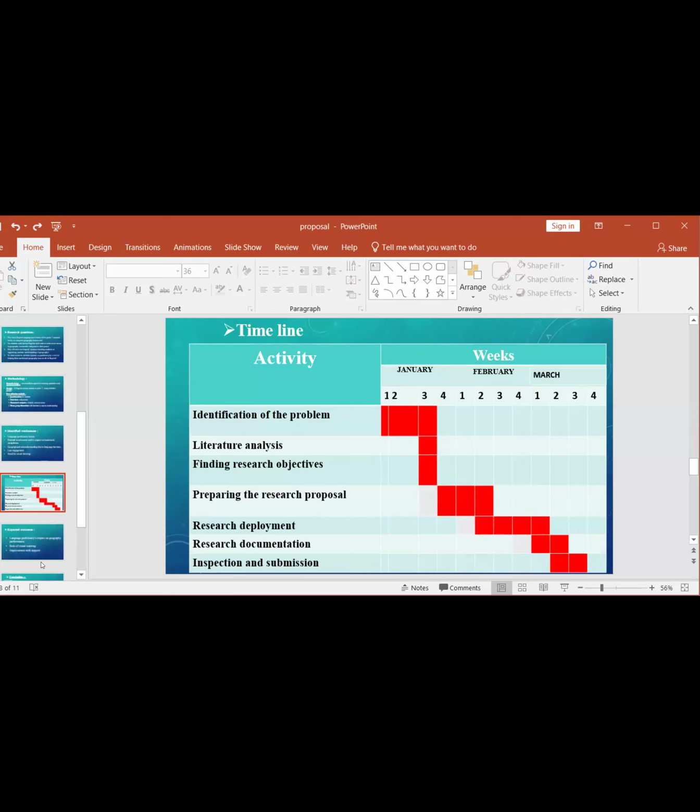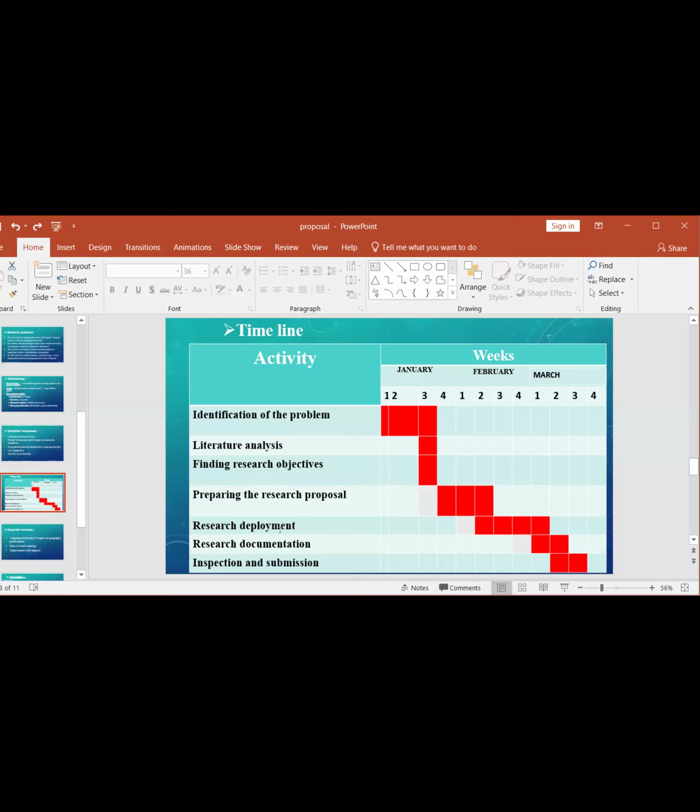In January, the first 3 weeks, I found the problem. I identified the problem. In the same month, in the third week, I did a literature analysis and set research objectives. Then in the fourth week, I prepared the research proposal. Actually, ma'am, some barriers were there because we had a lot of problems with the sports meet and like that.